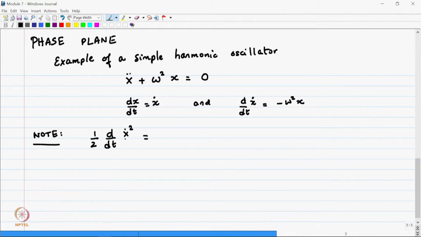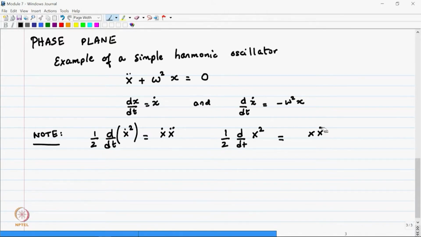So half d by dt of x dot square will be x dot into x double dot. And we also notice that half d by dt of x square is equal to, let me write it the other way, x dot times x.